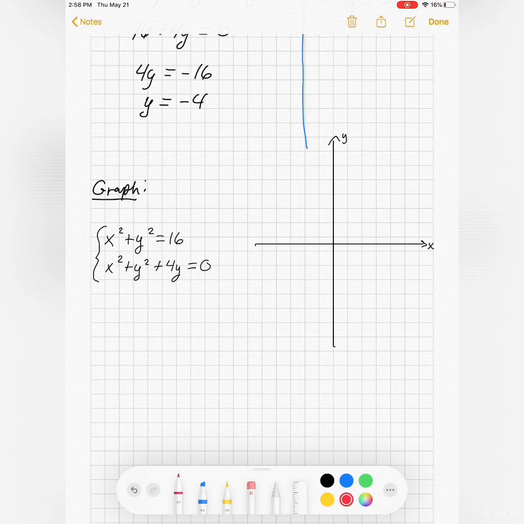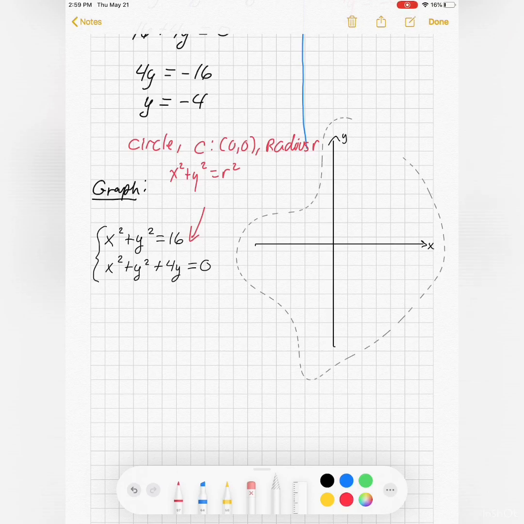So do you remember what this guy is? That's an x squared plus y squared equals r squared. That's a circle centered at the origin with a radius r. That's easy, huh? It's a circle centered at the origin. The radius is 4. So I'm going to graph that.